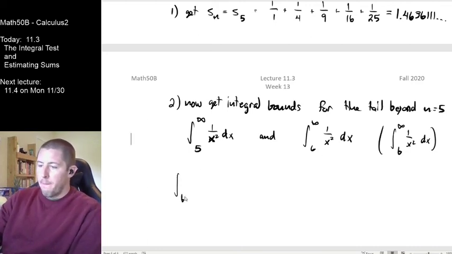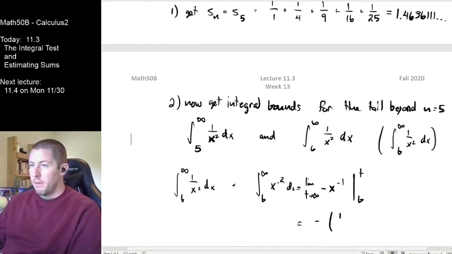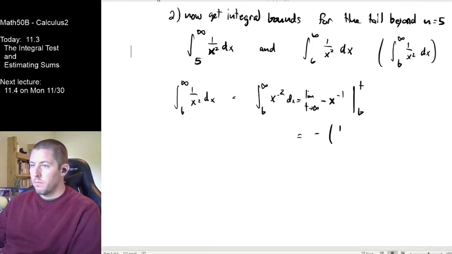So the integral from b to infinity of 1 over x squared dx, we're going to write as the integral of x to the negative 2 from b to infinity, which is equal to negative x to the negative 1, limit as t goes to infinity, evaluated from b to t. Let me get my limit in there. It matters now.